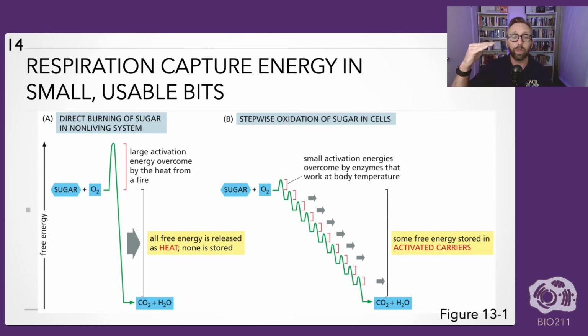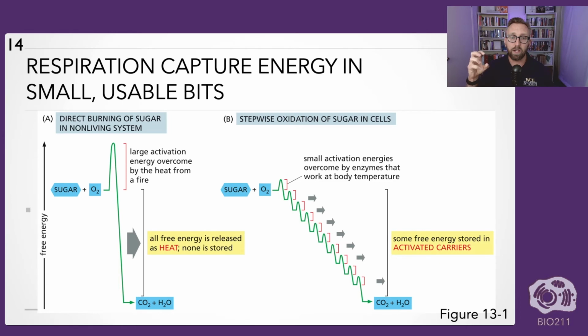So what the cells do is called cellular respiration. They're capturing energy in a stepwise reaction, an oxidation reaction, so adding oxygen to break apart bonds. You do small reactions that overcome the energy of activation, but in small ways, and you take off a little bit of energy each time and put it onto those carrier molecules.